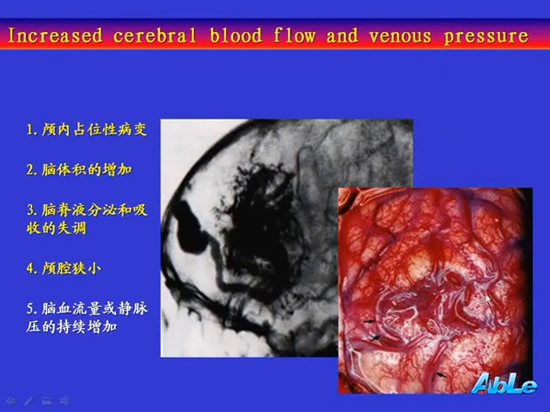During surgery, we can see it like this. You can see the AVM on the surface, on the cortex of the brain. In that case, the intracranial pressure will get high. So I just mentioned five cases to help you understand why the intracranial pressure can get high.